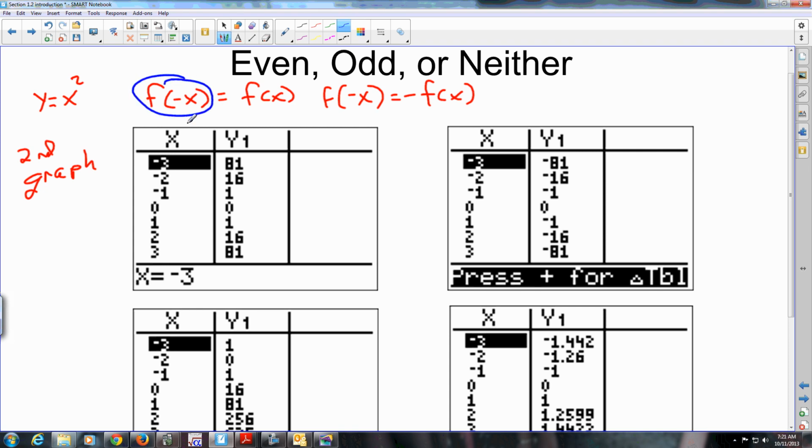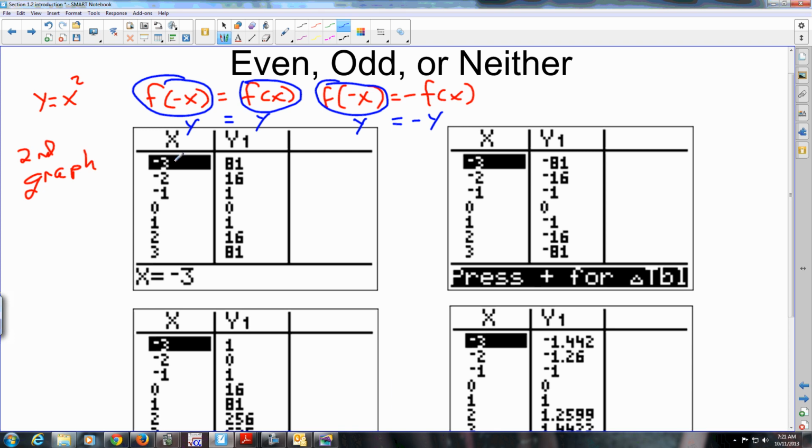This is your y value. And this is your y value. Your y values are the same. When you change the sign on x, the y's are the same value. This one says for odd, when you change the sign on your x's, your y values are opposite in sign. And neither is just neither.